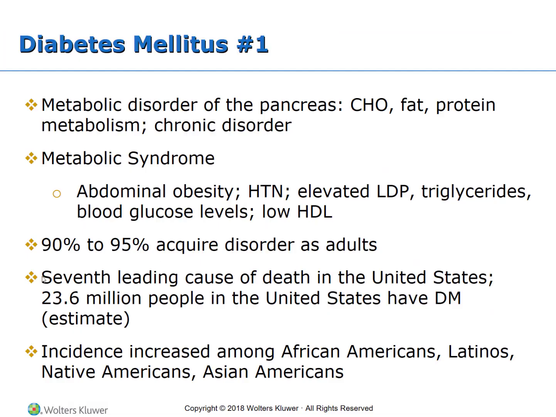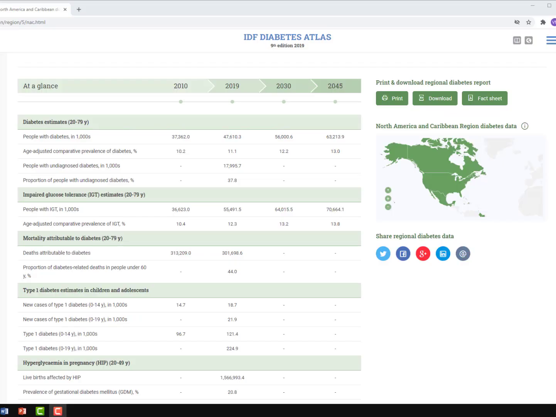Coming back to our slide, it points out that this is the 7th leading cause of death in the United States, and an estimated 23.6 million people today have diabetes. And we know this number is not as accurate because, let me show you another graph. According to the International Diabetes Federation, back in 2010, we already had 37 million people.